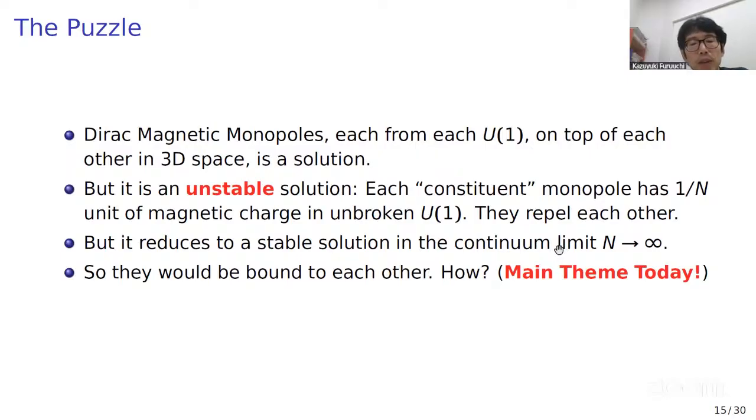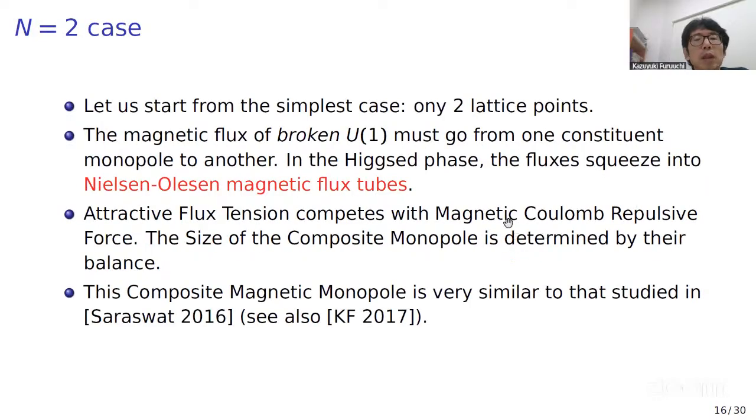Okay, to tackle this problem, let us start from the simplest case. n equals 2 means there are only two lattice points. There is a magnetic flux, a broken U(1), that goes from the source to the sink. In the Higgs phase, it is well known that magnetic fluxes are squeezed into Nielsen-Olesen magnetic flux tubes.